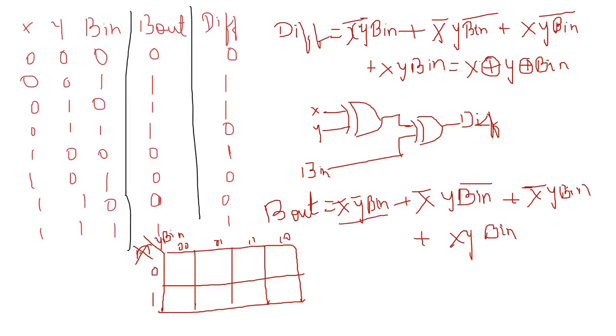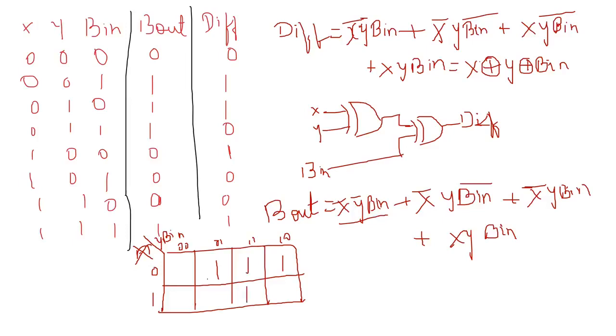X bar means X value is 0, Y bar means Y value is 0, B in value is 1, so it is in this position. Then X bar Y B in bar, X value is 0, Y value is 1, B in bar means B in value is 0, so this is in this position. Then X bar Y B in, X value is 0, Y value is 1, B in is 1, and it is in this position. Then X, Y, B in, all the three values are 1, so this is in this position.